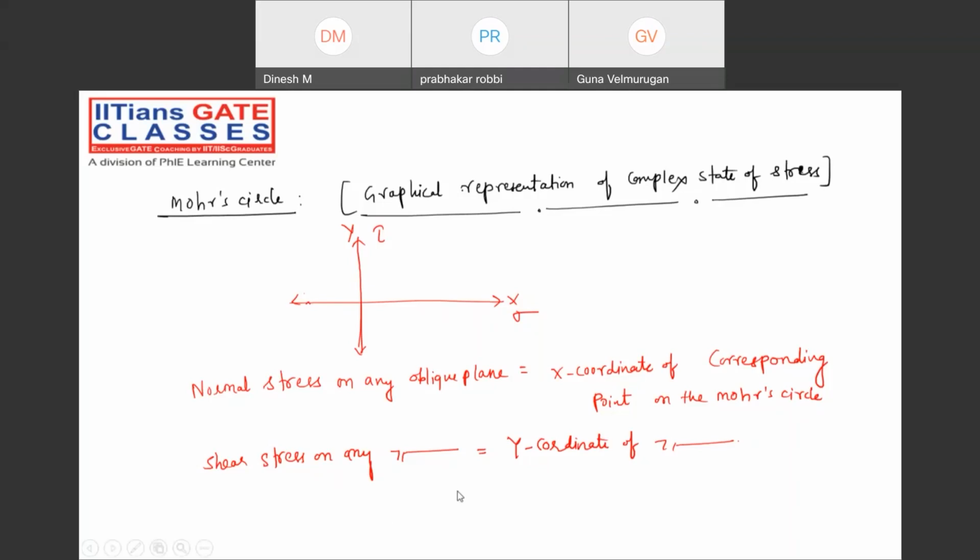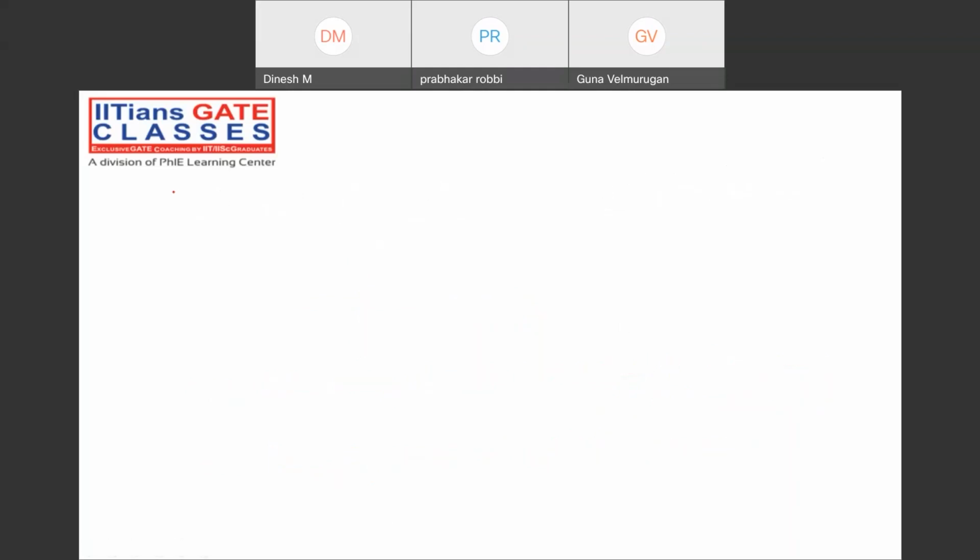Perfect. Very good. Suppose the state of stress for any element has been given. Now, some of you might be thinking, sir, what is the meaning of state of stress? See, a cantilever beam is there, which is subjected to load as well as twisting, and bending stress. Both are acting.